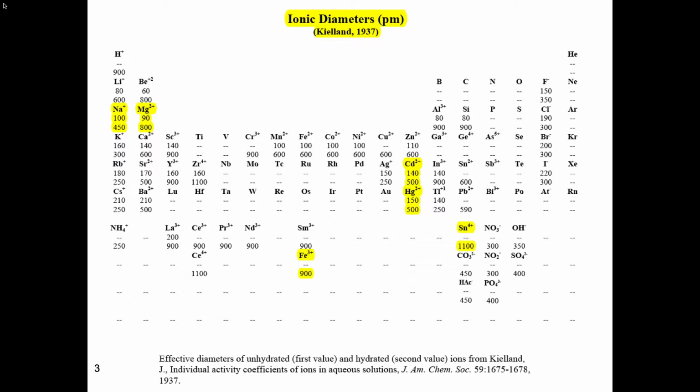Cesium has the lowest, along with rubidium. And so the order of transport of these ions in solution is lithium is slowest, cesium and rubidium are fastest, despite the fact that if you just looked at the absolute size of the ion, lithium would be the smallest ion. The smallest ion has the highest charge density, attracts the most water, and that water moves with it as it undergoes diffusion.